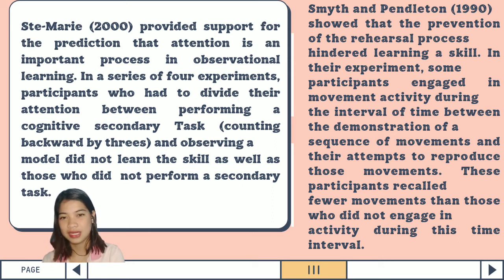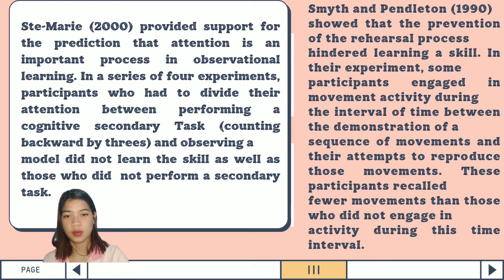It provided support for the prediction that attention is an important process in observational learning. In a series of 4 experiments, participants who had to divide their attention between performing a cognitive secondary task, counting backward by threes, and observing a model did not learn the skill as well as those who did not perform a secondary task.